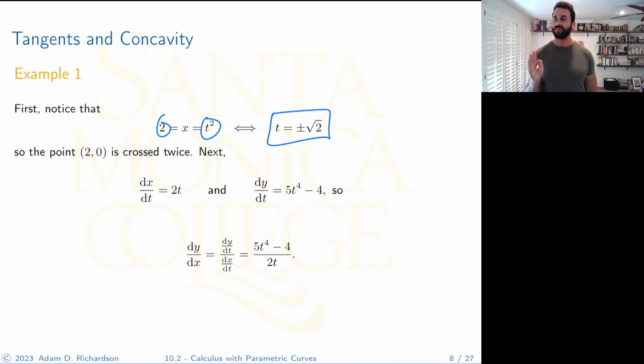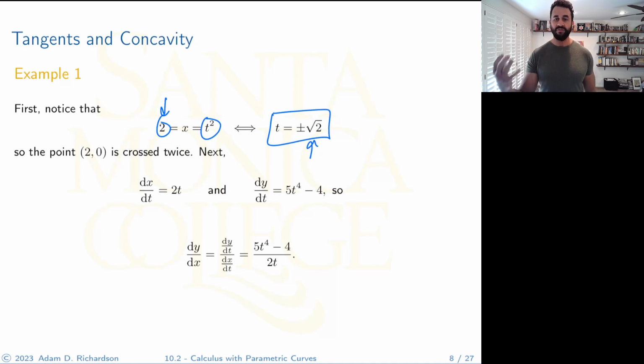Remember, whenever you take a square root, you must include a plus or minus. So this tells us that there are two different times where we cross the point (2, 0), which is exactly what we had to show. So that means there will be two tangent lines at two different times.